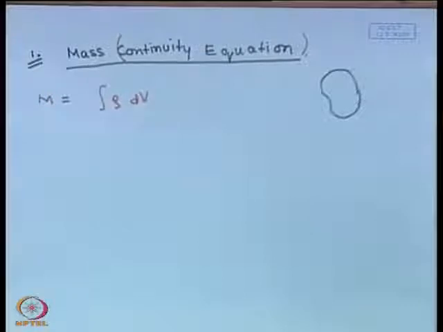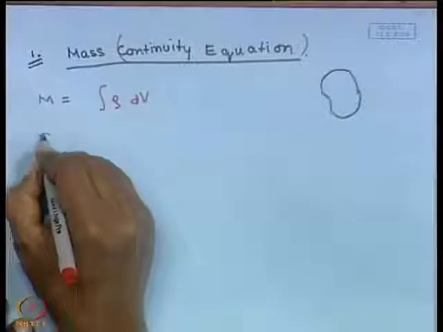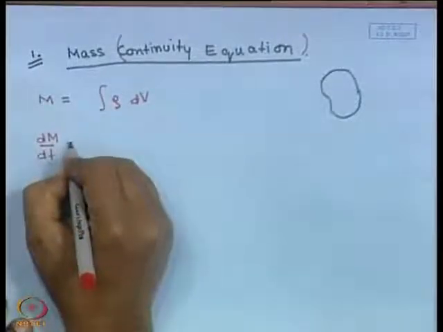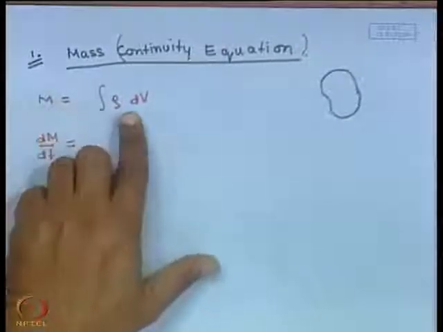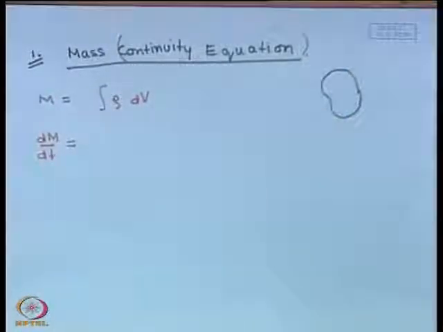Now, let us write the rate of change of mass. If I differentiate this with respect to time, the volume remains fixed. I am working in the Eulerian picture, so the volume remains fixed.